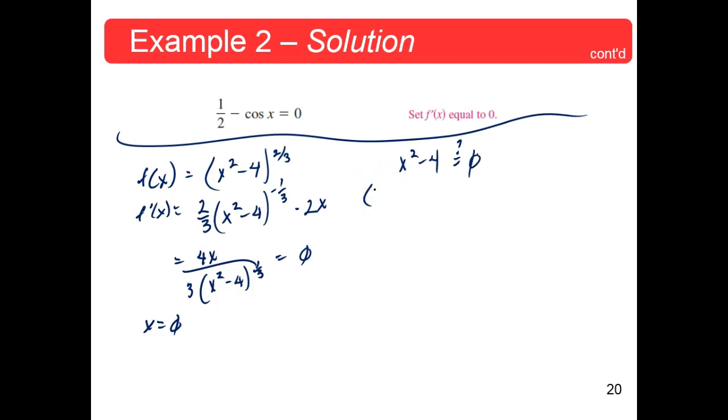How? x plus 2, you said, times x minus 2. Now, what values of x would make either of those true? Not that hard. x equals 2 or x equals negative 2.